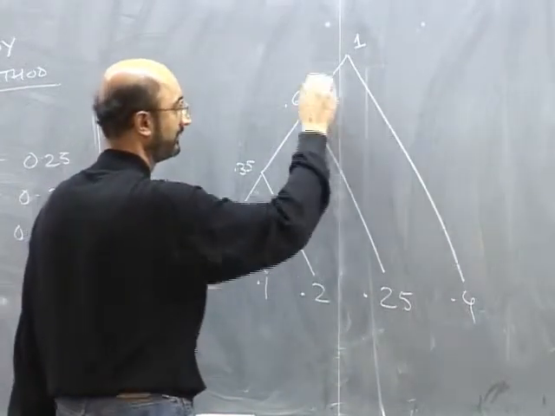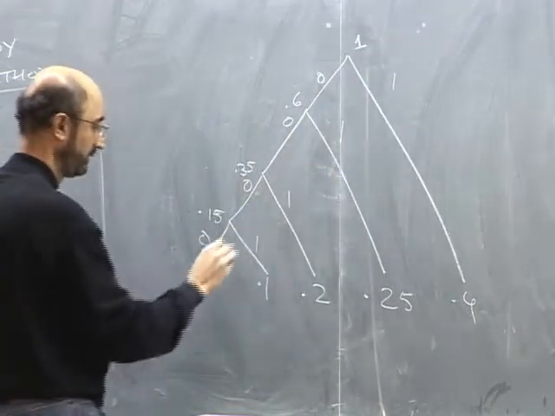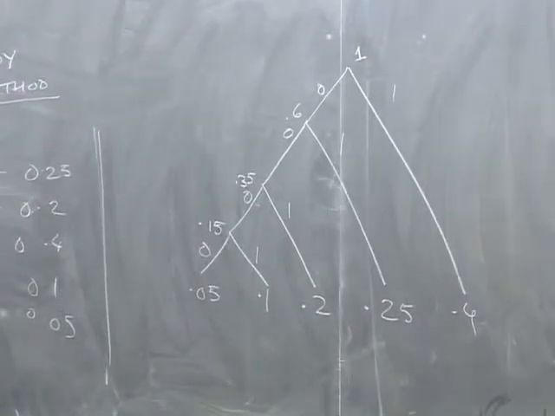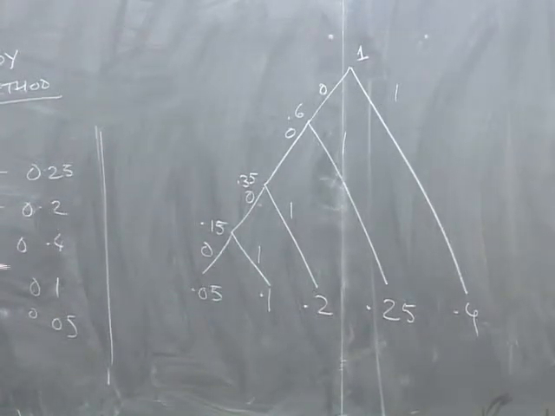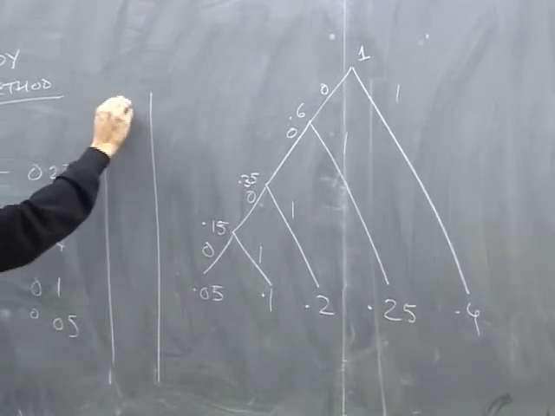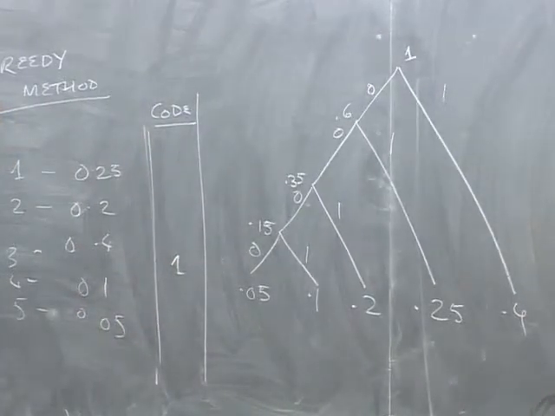And so we can say 0, 1, following convention, 0, 1, 0, 1. And so the code now says the message with the weight 0.4, which is this, is going to have the code 1.